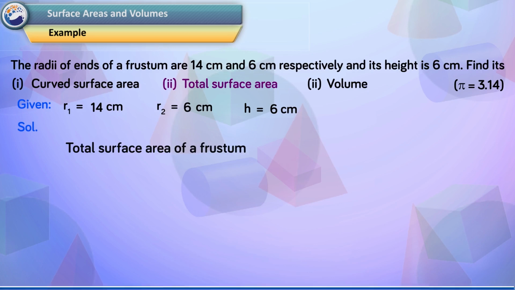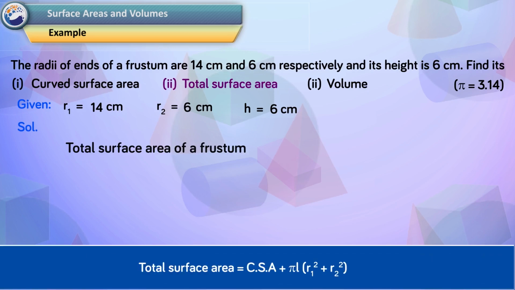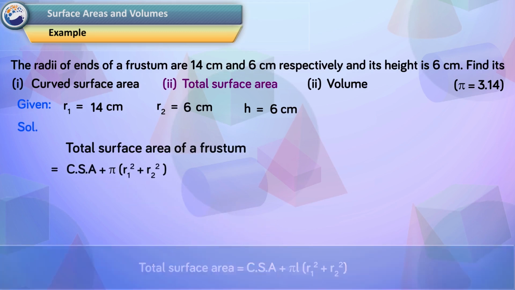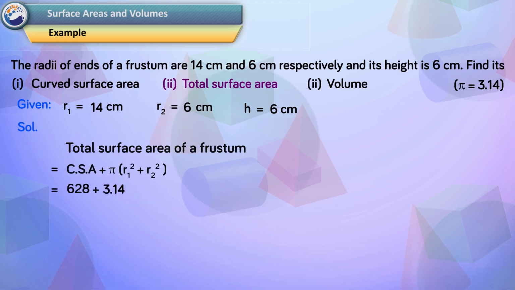Total surface area is equal to curved surface area plus π(R1² + R2²) = 628 + 3.14 × (14² + 6²), which is equal to 628 + 3.14 × (196 + 36).